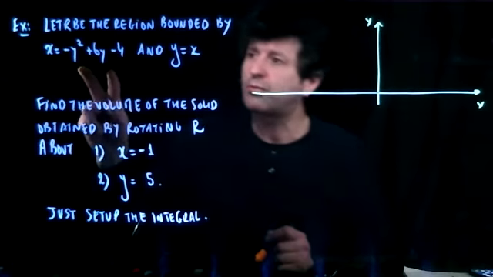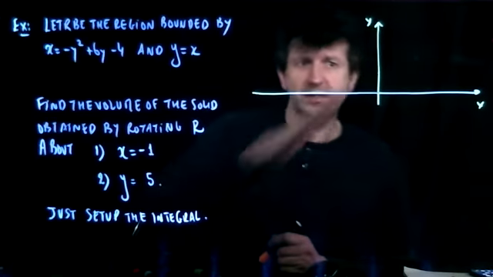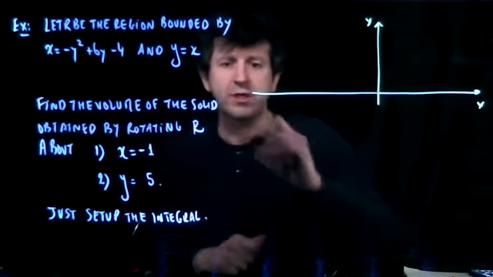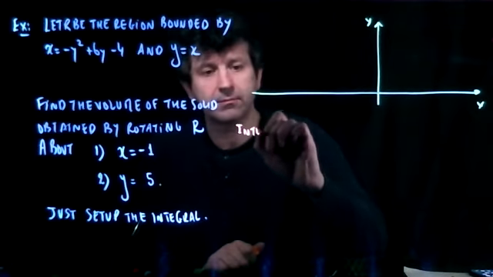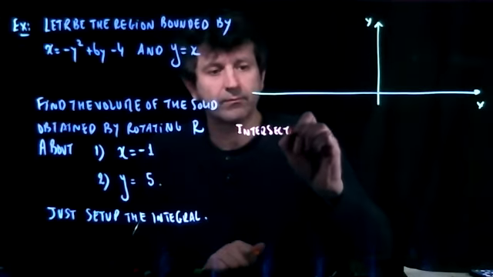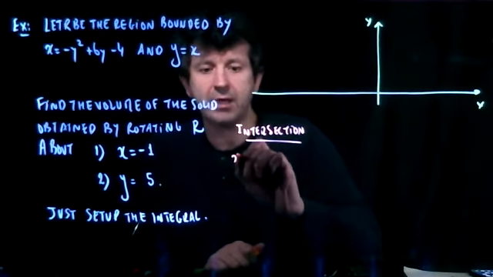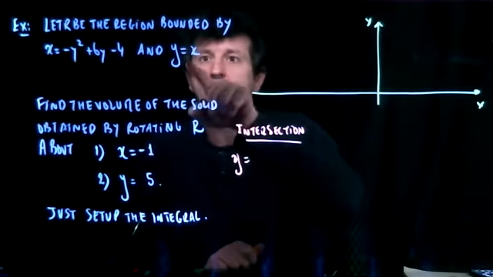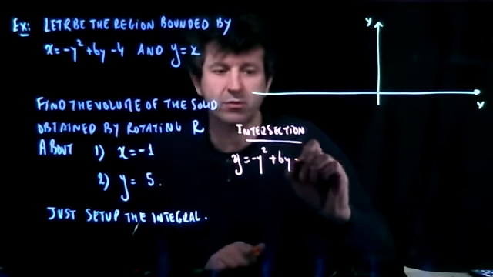I know that this is a parabola open to the left, and this is the y equals x line. So make them equal to each other. So y equals x, so y equals -y² plus 6y minus 4.